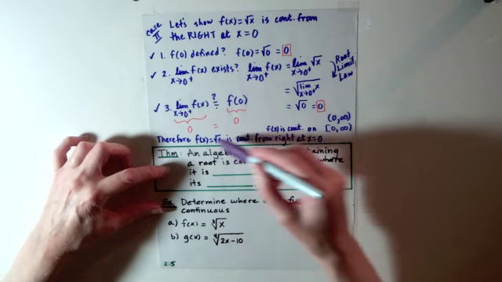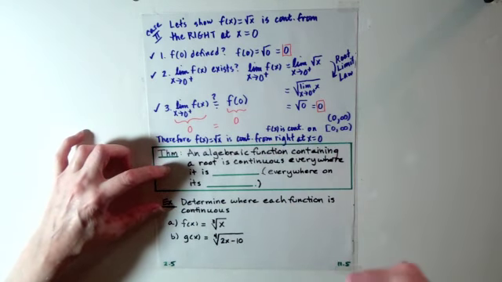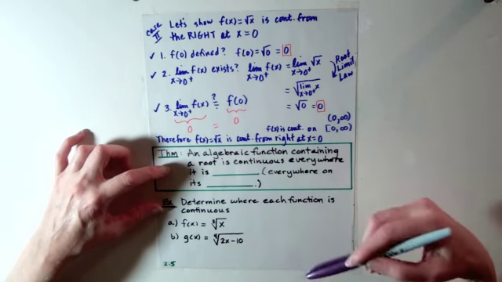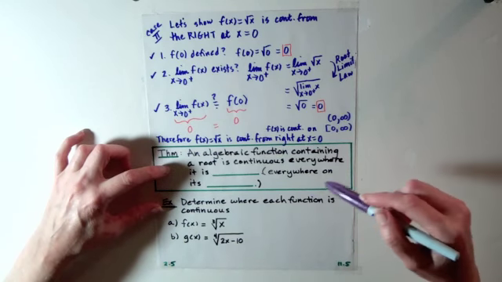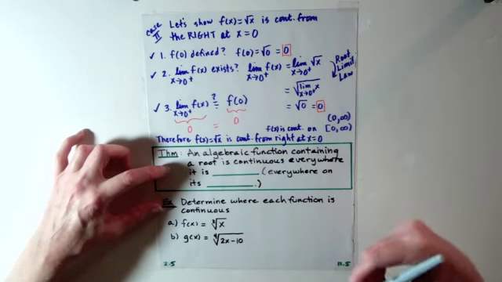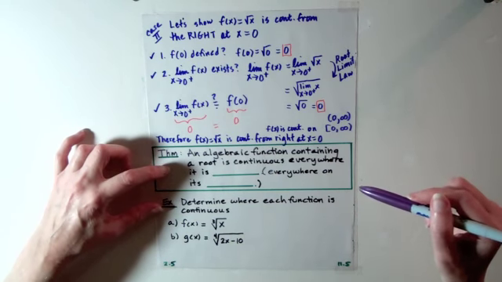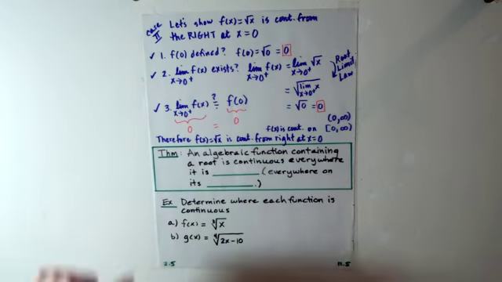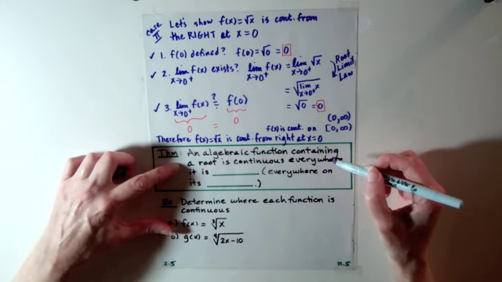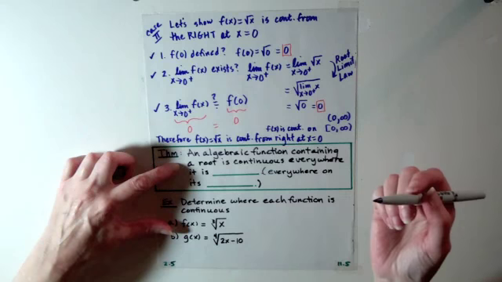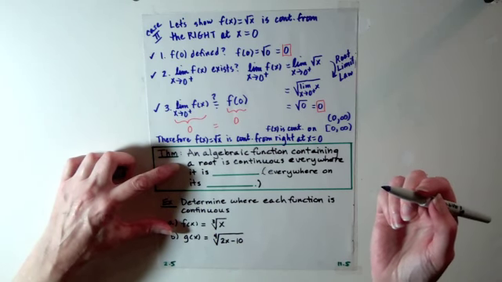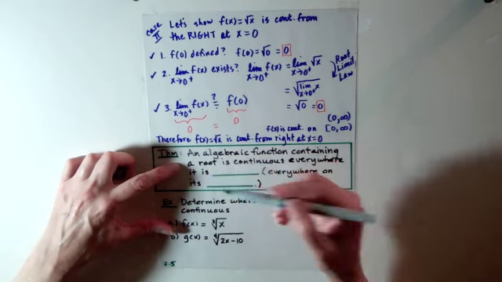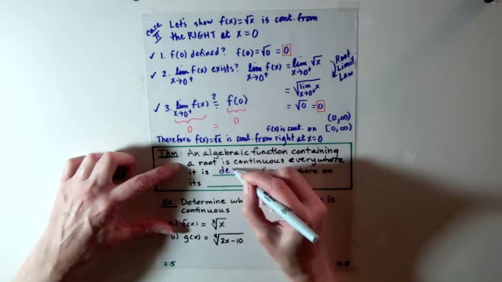Although we won't prove this general theorem, for each root function you can come up with a similar proof, or you can do a proof that involves the nth root of any function where n is odd and where n is even separately. The theorem says that any algebraic function containing a root, meaning any nth root where n is a positive integer, is continuous everywhere it is defined.